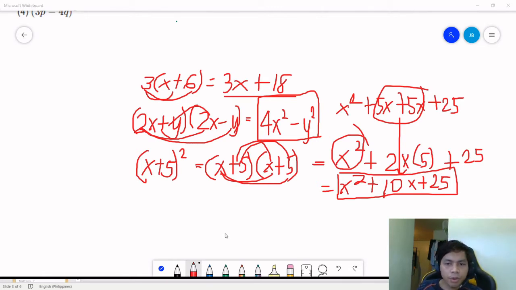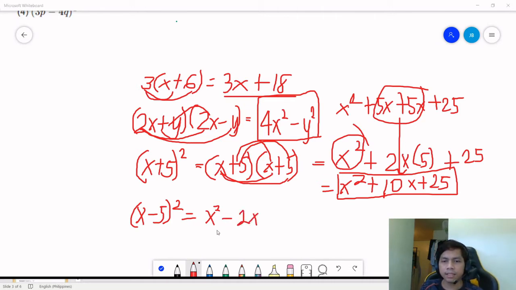And for the square of a difference, let's say you have x minus 5 again. So x minus 5 squared. That is simply x squared minus 2 times x times 5. Or let's make it plus, but this here is negative 5 because that's negative.